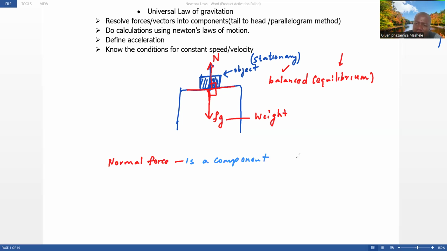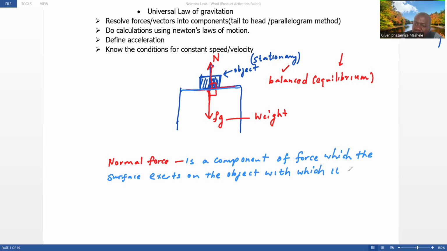It's a component of a force which the surface, remember this is our surface of the table, exerts on the object with which it is in contact, must be in contact, and acts perpendicular, which means forms an angle of 90 degrees, to the surface.